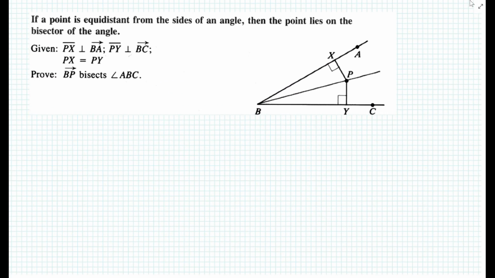Let's first look at the first proposal. If a point is equidistant from the sides of an angle, then the point lies on the bisector of an angle. Our givens here are that segment PX is perpendicular to ray BA, and that segment PY is perpendicular to ray BC. Why do we know that they're perpendicular?